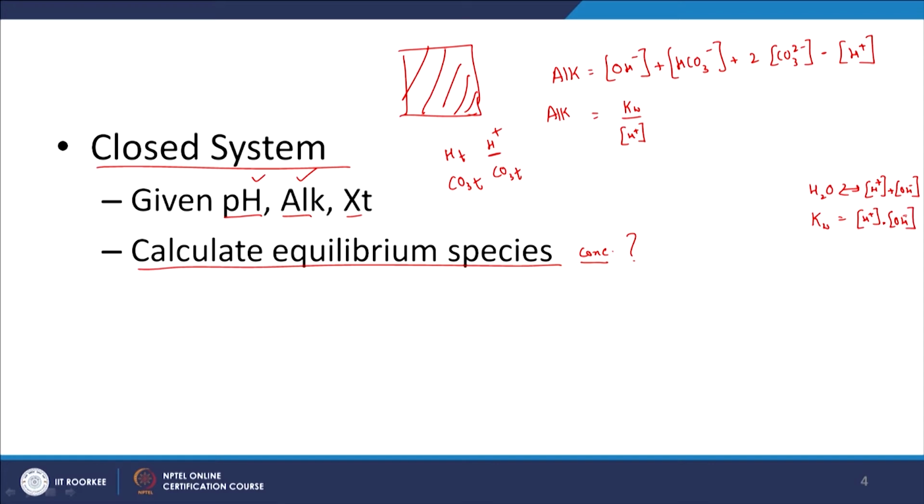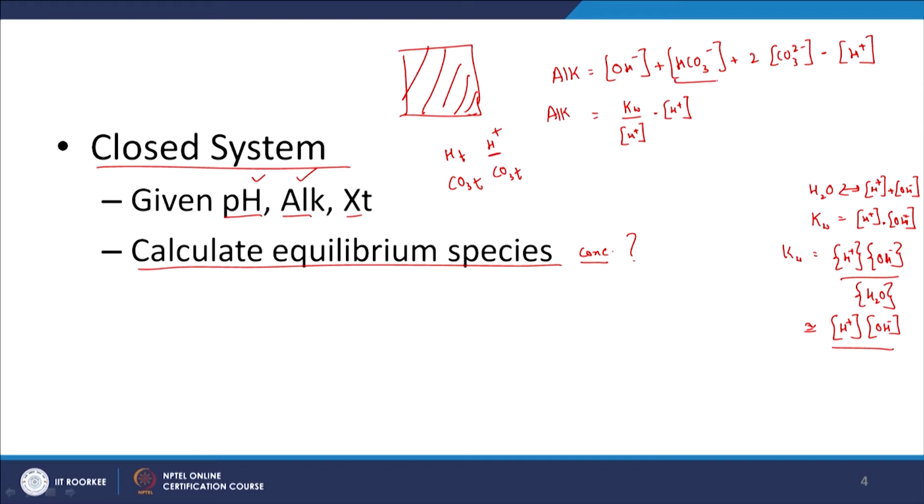Again, just to refresh our memories, fundamentally Kw is equal to the activity of H plus times the activity of OH minus by the activity of water, but the activity of water in these dilute systems is going to be equal to 1, and we are approximating the activities by concentration. So that's how we end up with this particular equation, and minus H plus, right.